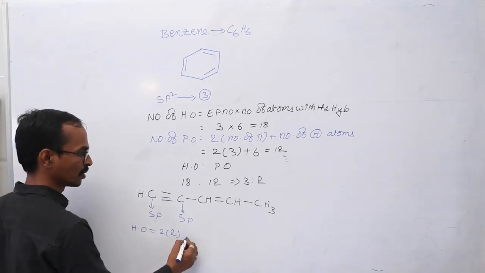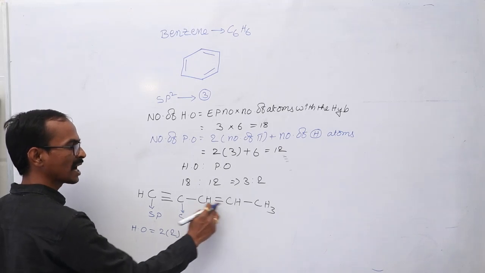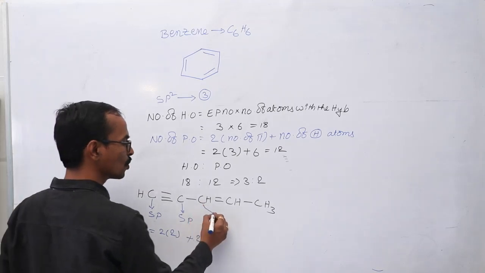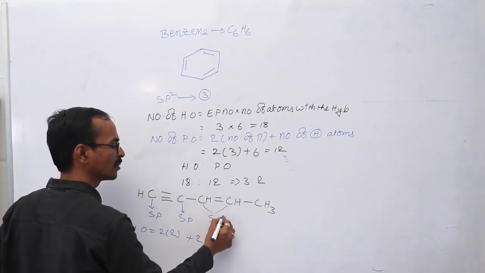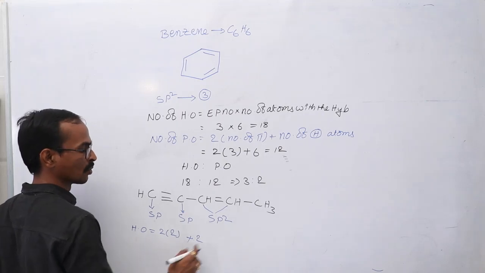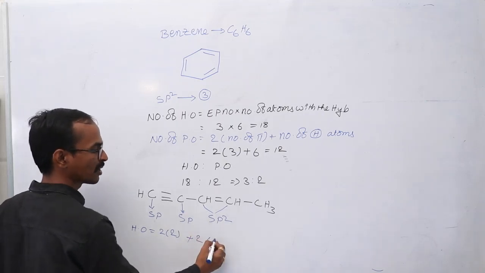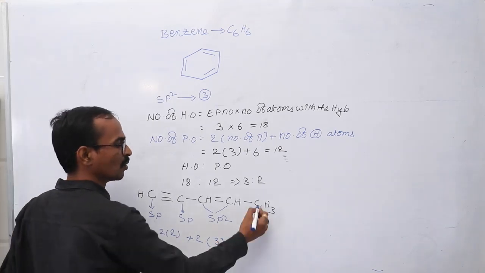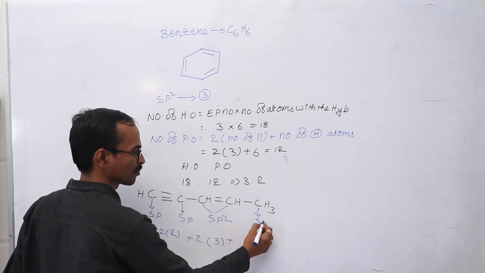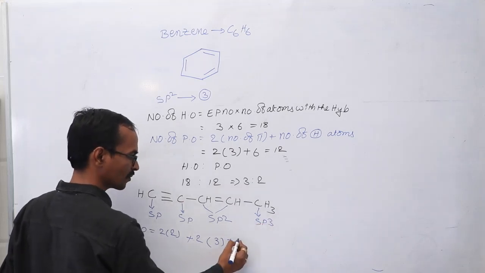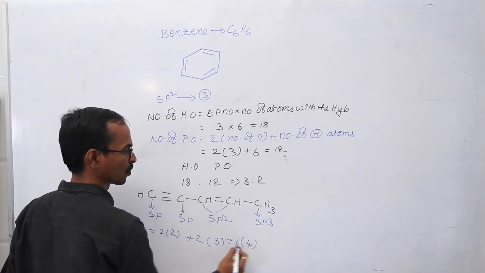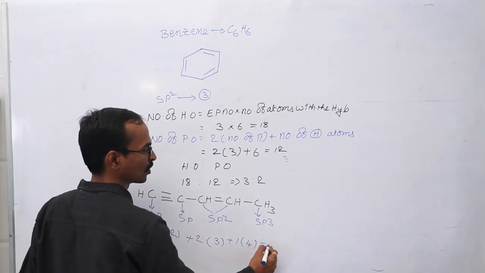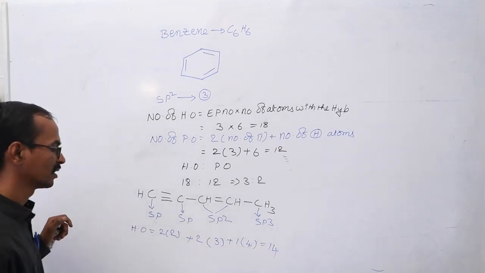So 2 into 2 plus, these 2 carbon atoms have only 1 pi bond, and they have sp2 hybridization, so 2 into 3, plus only 1 carbon atom with sp3 hybridization, so 1 into 4. 2 twos are 4, 2 threes are 6, 6 plus 4 is 10, 10 plus 4 is 14 hybrid orbitals in this molecule.